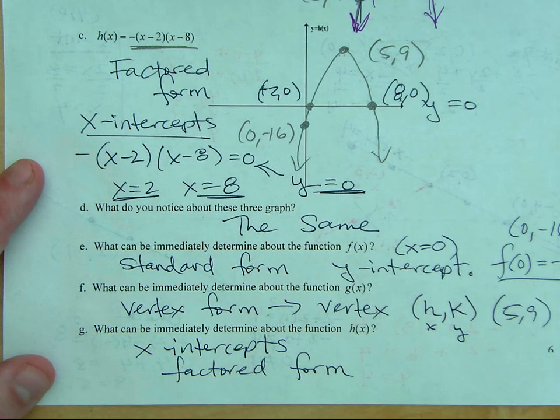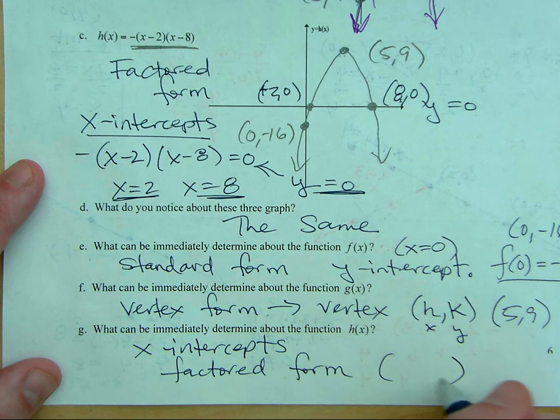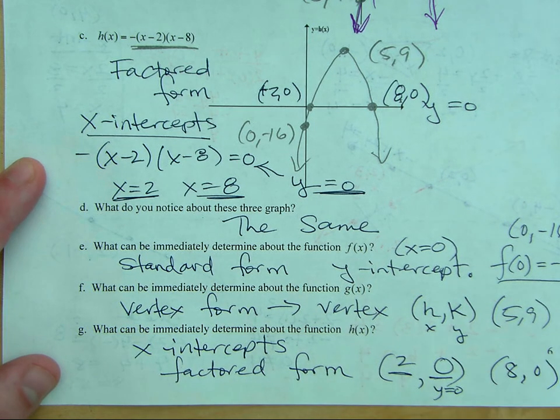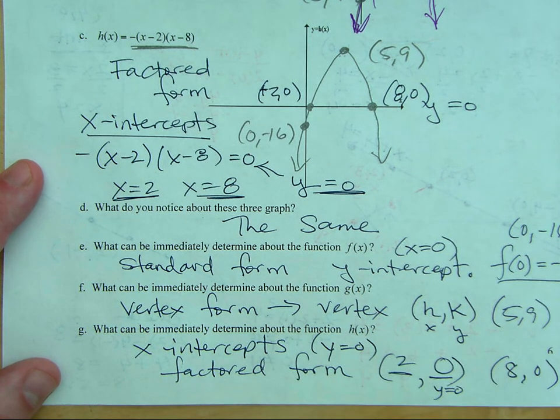Okay, and they're going to be whatever the x values are coupled with the y is equal to 0, right? So in this case, we got 2, 0, 8, 0 for the x-intercepts. So the x-intercepts always happen when y equals 0, and we solve. A lot of times we solve. We don't have to solve that way. There's other ways to solve, but the way we have been most familiar with is solving by factoring.